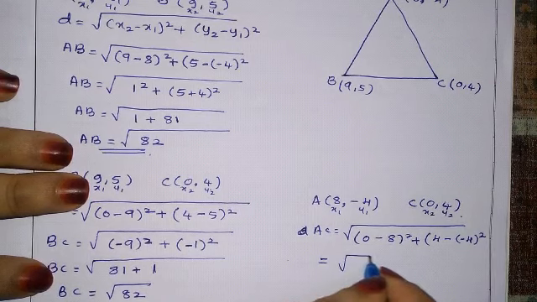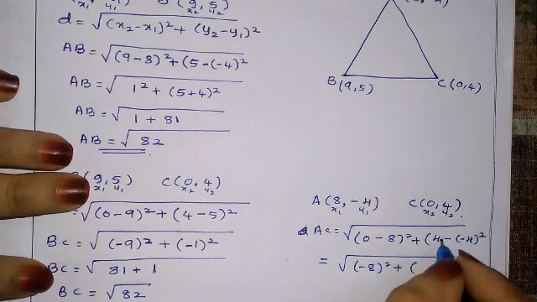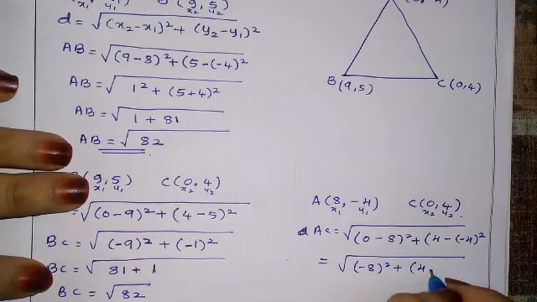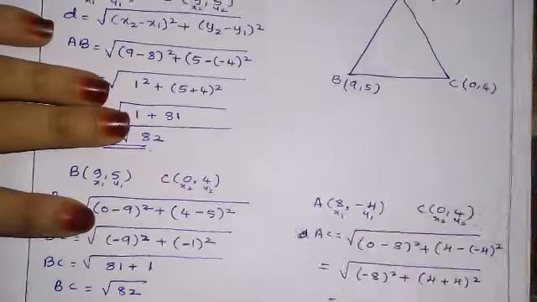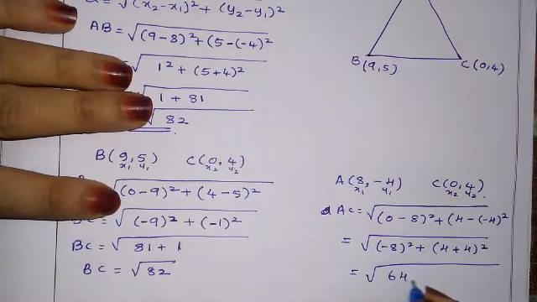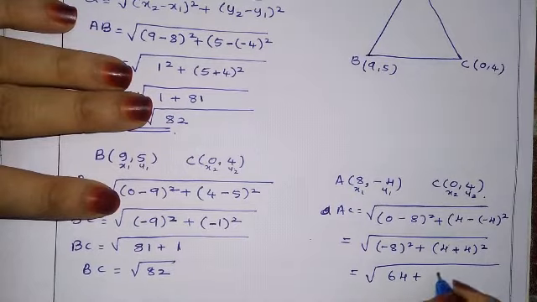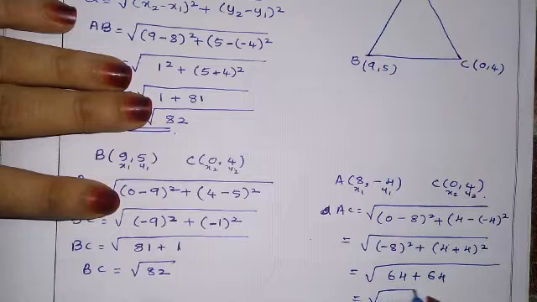That is root of (minus 8) square plus (4 plus 4) whole square. Minus 8 whole square is 64, and 4 plus 4 is 8, so 64. Here 64 plus 64 is 128.